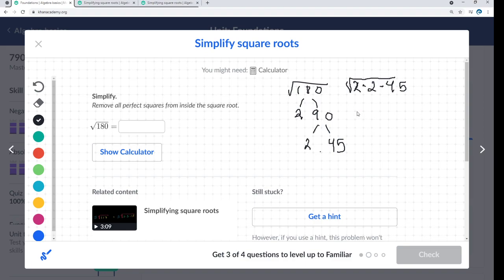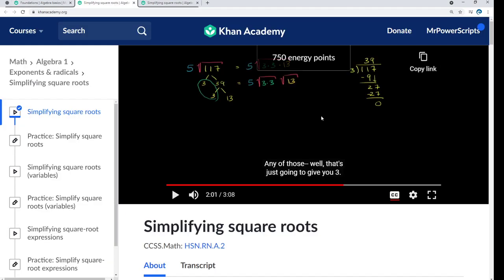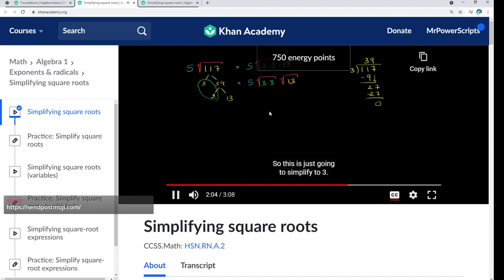So 2 times 2 is 4. So it's square root of 4, which is 2, right? Let's see. I'm just gonna follow along. Times 3 times the square root of 13.